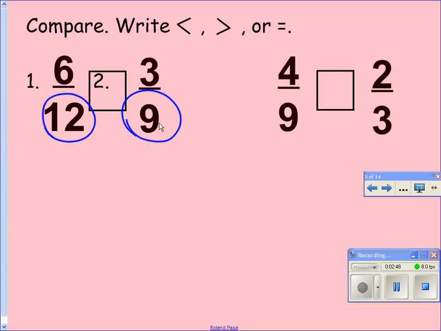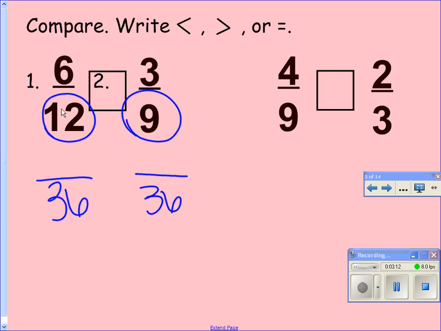A common one is going to be 36. You can use any one whenever you're comparing fractions. You just always want to use the smallest one, because that helps when you start to simplify.